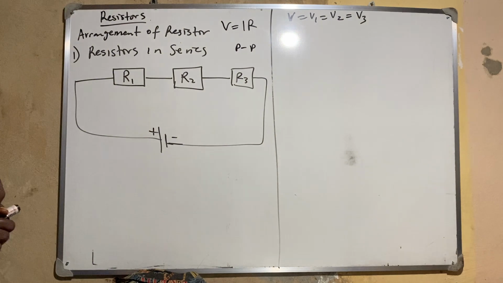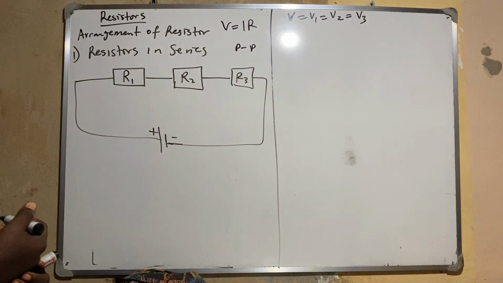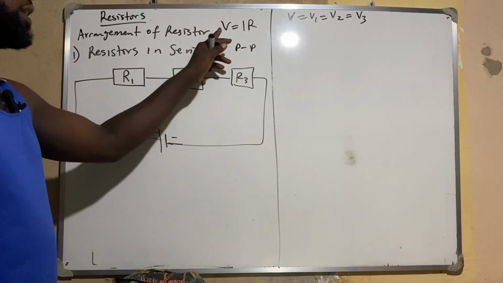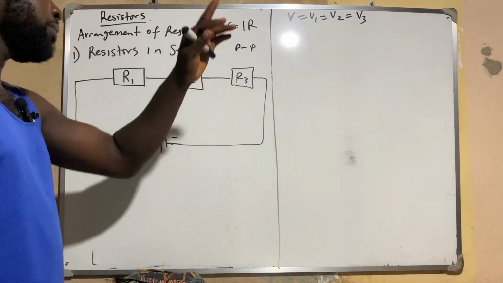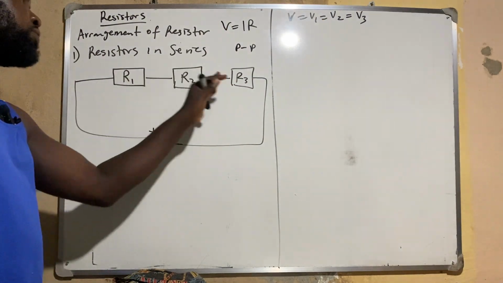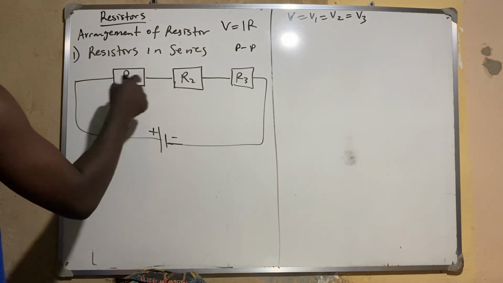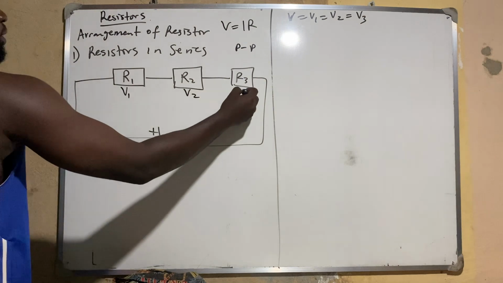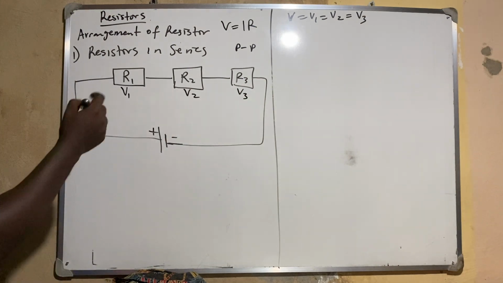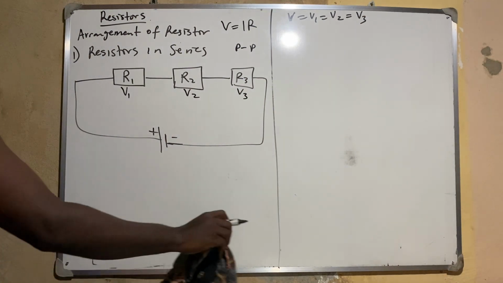So the one that is not the same is what you use in deriving your formula. Since the potential difference across parallel is the same, the potential difference across series is not the same. So I know that V1 will pass through this one, V2, V3. They are not the same. So since they are not the same, that is what I will use in deriving my formula.